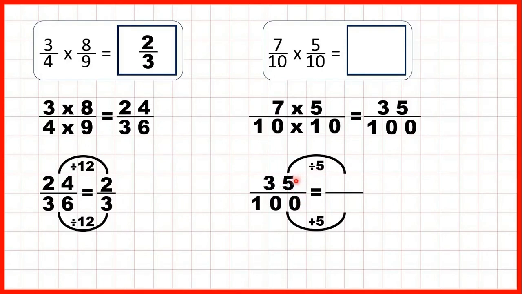So we can express this fraction in its lowest terms by dividing the numerator and the denominator by 5. 35 divided by 5 is 7, and 100 divided by 5 is 20, because 20 times 5 is 100. So in its lowest terms, our answer is 7/20.